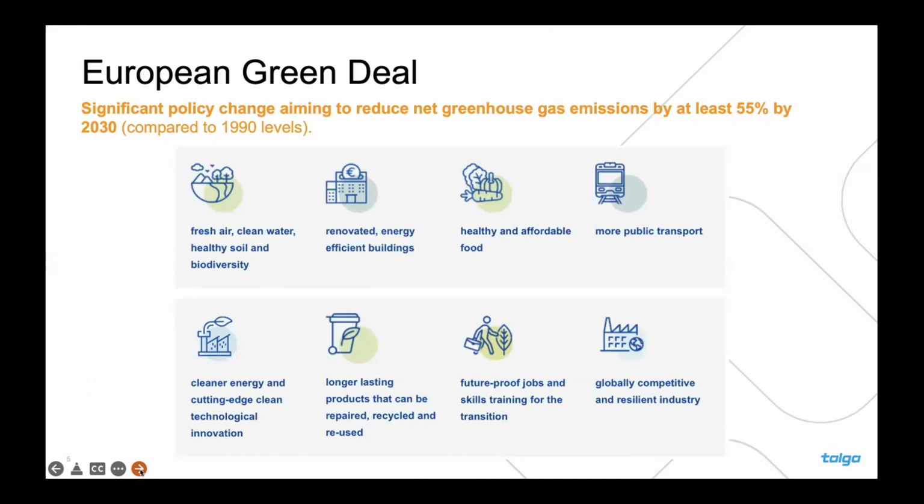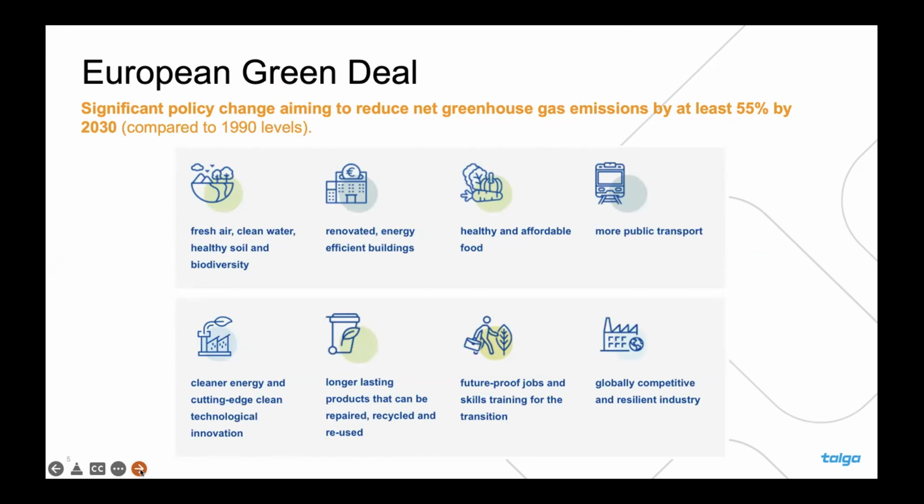Chiara mentioned the European Green Deal and the significant effort the EU has identified that we need to do to avoid the environmental disaster, crisis, catastrophe, whatever you want to call it. But it's more than a challenge, I would say.